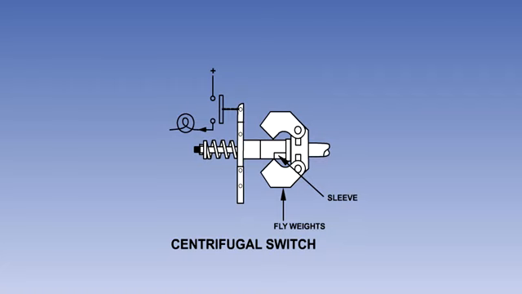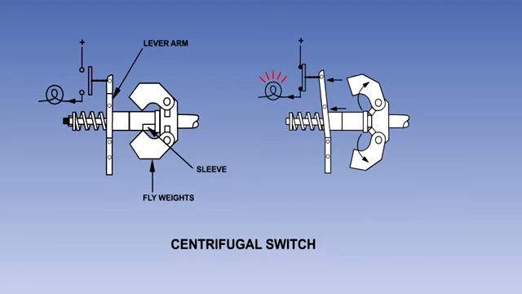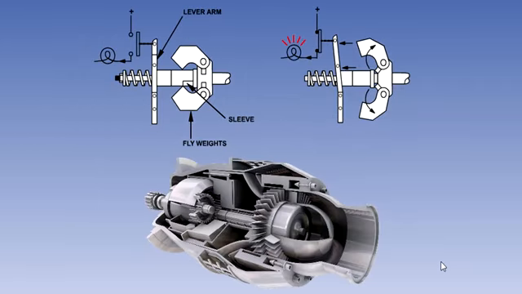As the speed increases, the flyweights move out, pushing the non-rotating sleeve against the spring, which in turn moves the lever arm. At a specific rotational speed, the lever arm will close the switch contacts and an electrical signal will be sent. Centrifugal switches are commonly used to switch off engine starter motors once the engine reaches self-sustaining speed.